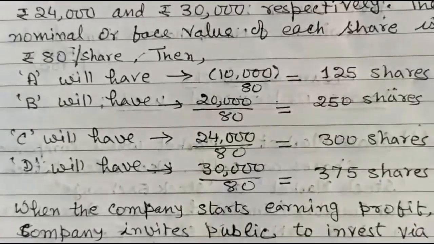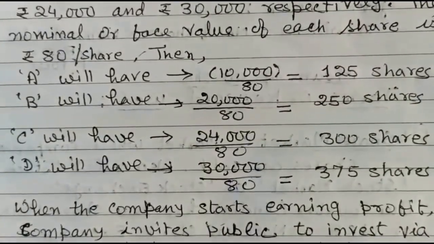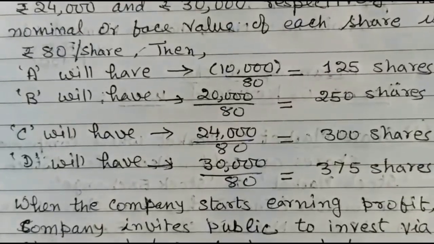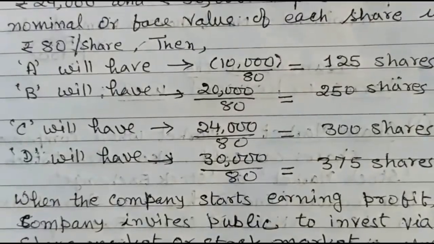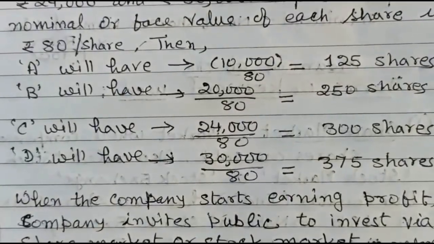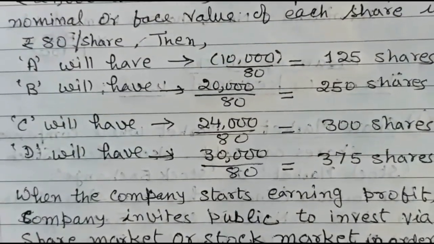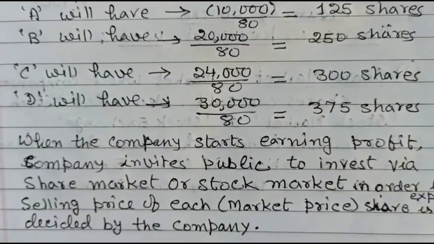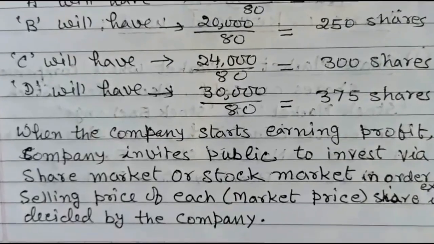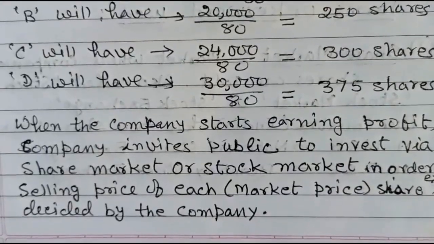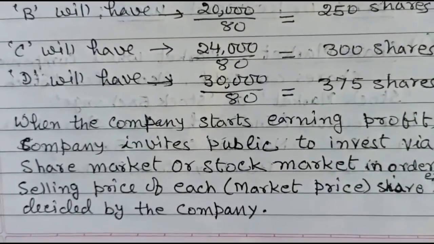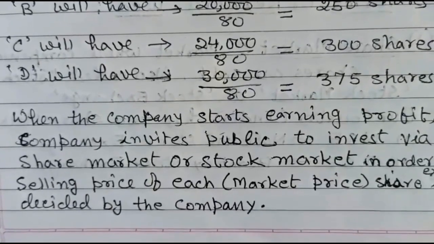And D will have rupees 30,000 divided by 80 equals 375 shares.